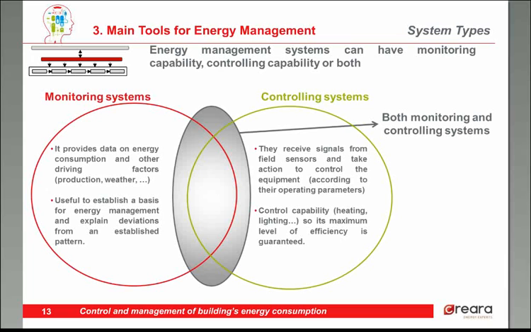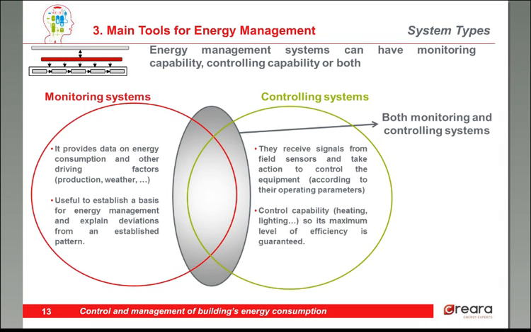Essentially, systems able to monitor energy consumption, and those able to control, let's say, equipment. The ones monitoring collect and provide data on energy consumption or other variables that we can monitor, and of course are very useful as a base for an energy saving plan.